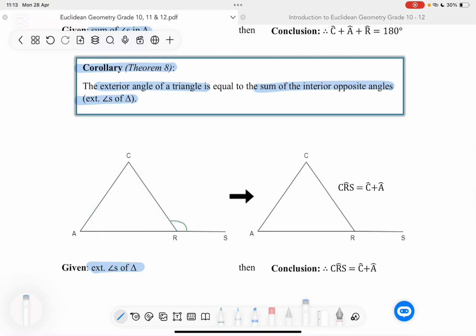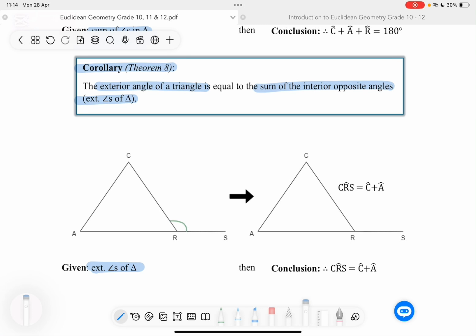When we add these two angles, the conclusion is that they should be equal to this exterior angle. So if we add angle C to angle A, we should get exactly this angle here that is outside.